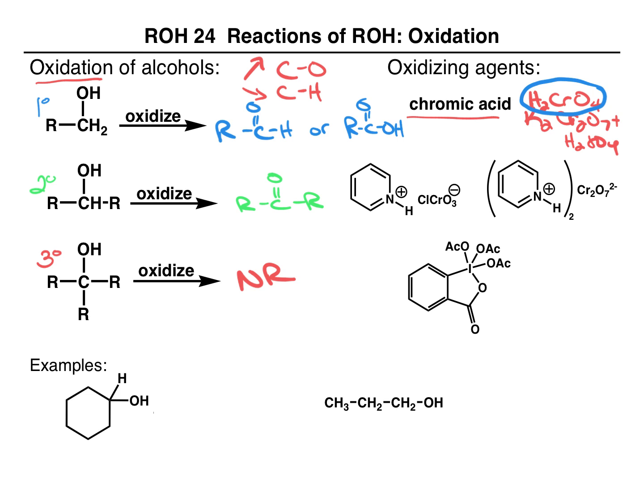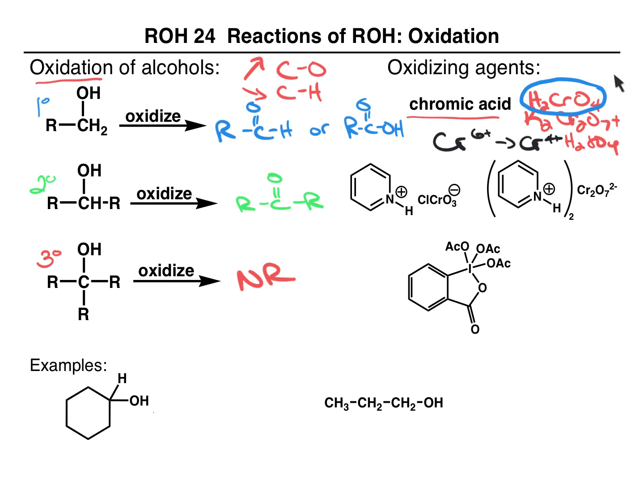Chromium-based oxidizing agents were quite popular because we have chromium 6+ being reduced to chromium 4+, while an alcohol is oxidized. These are not very environmentally friendly, so there's definitely been a move away from chromium reagents, but because we're talking about them on paper, we can stick with the traditional reagents as well as see some new ones.